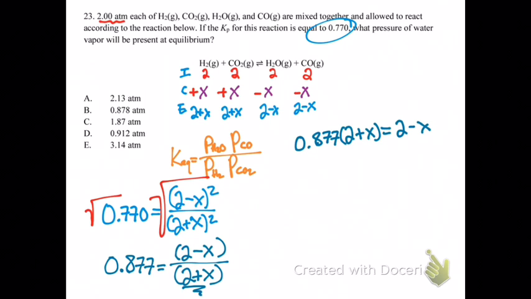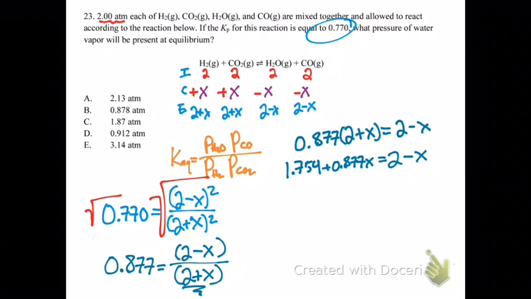We have a few options moving forward. I'm just going to factor this through, and what we'll get is 1.754 plus 0.877x is equal to 2 minus x.